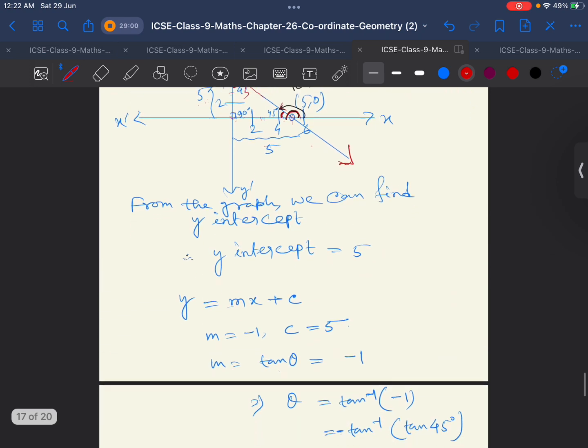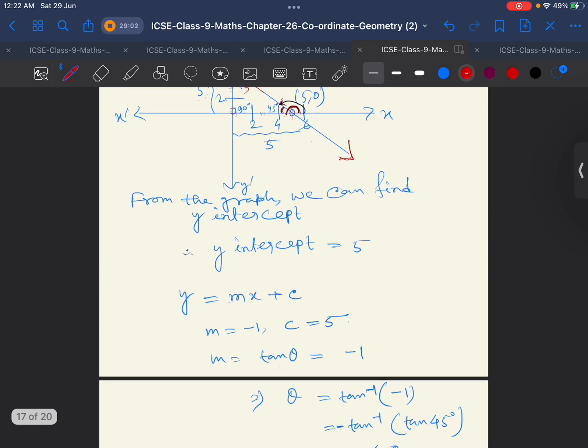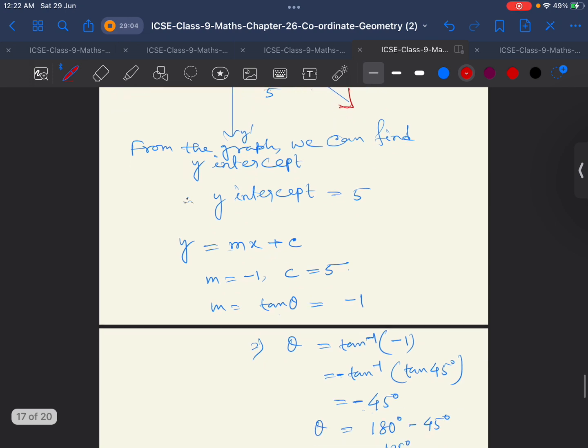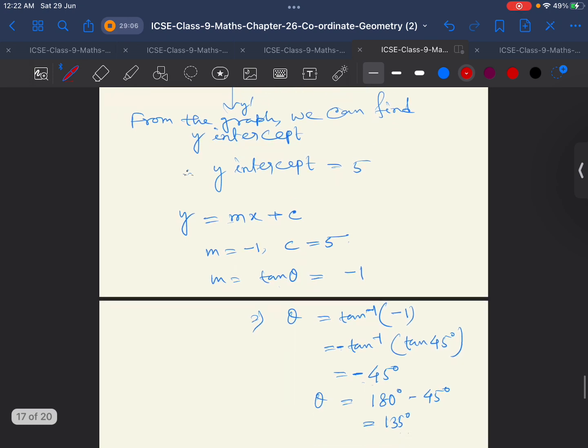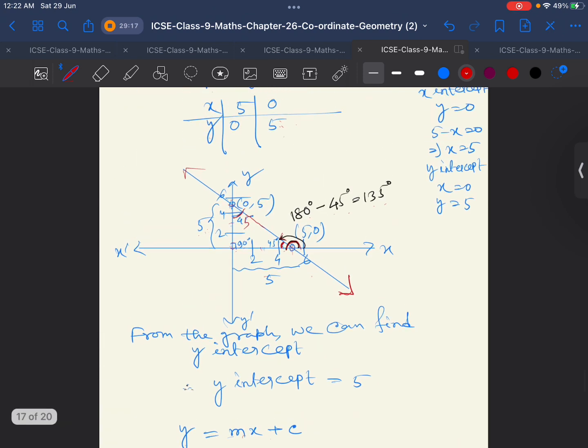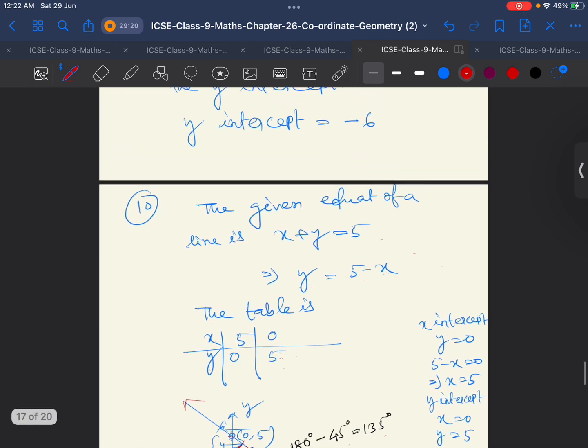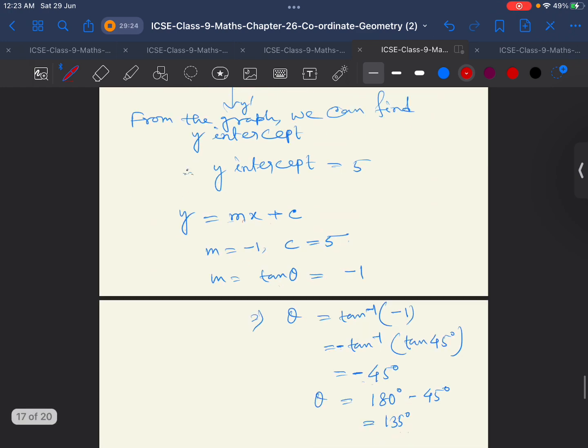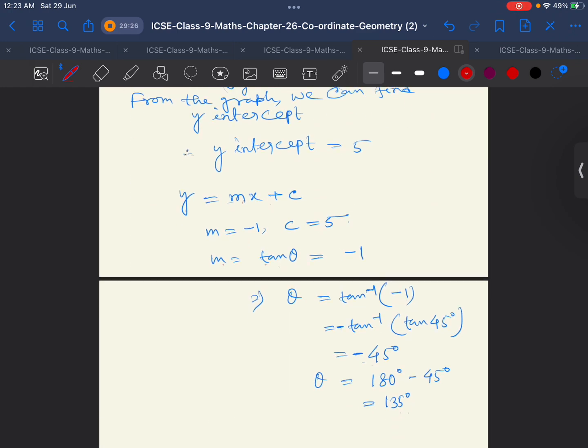Now we can find the inclination in another way. So y equals mx plus c. This is the equation of a straight line, you know. So here m equals minus 1 and c equals 5. So m, you know, is tan theta, which equals minus 1.